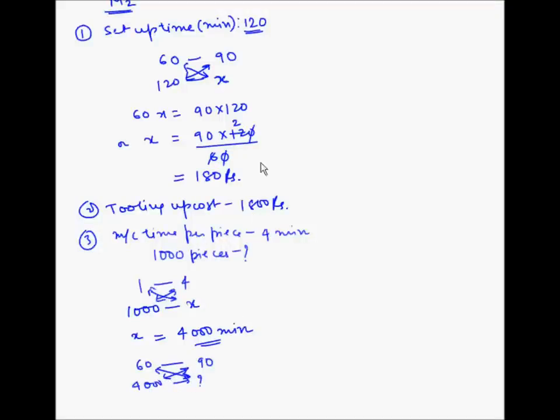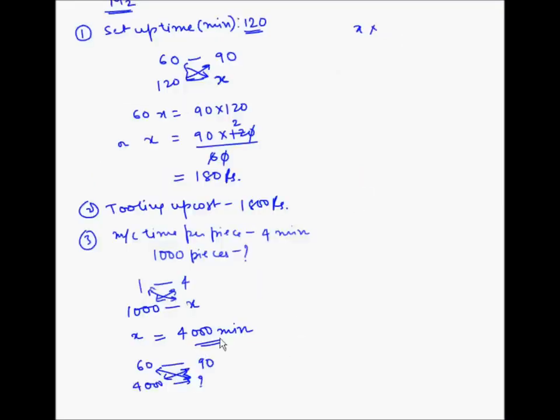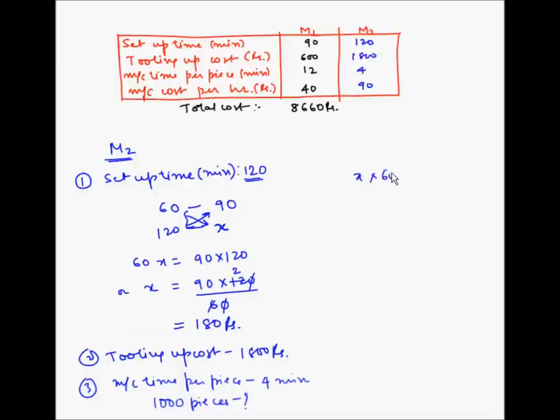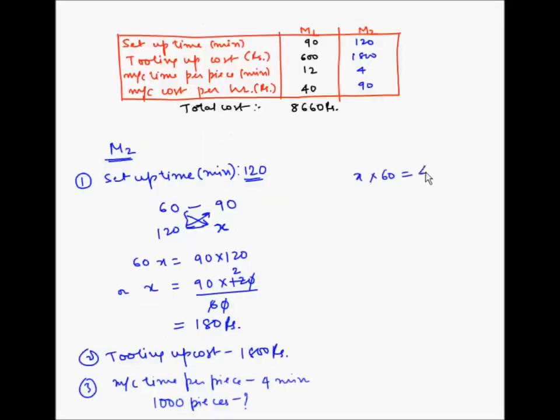So cross multiplication, X multiplied by 60 is equal to 4000 multiplied by 90, or X is equal to 4000 multiplied by 90 divided by 60.